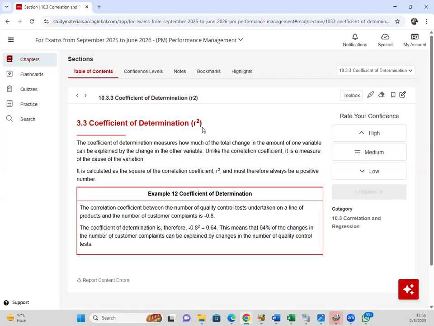If the coefficient of determination is high, it means the model is appropriate. But if it's low, it means the model is not that appropriate. So how do you get the coefficient of determination? You first get your R, then you square that R. The square of that R gives you the coefficient of determination.